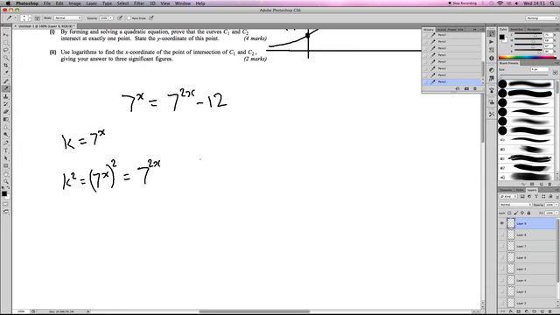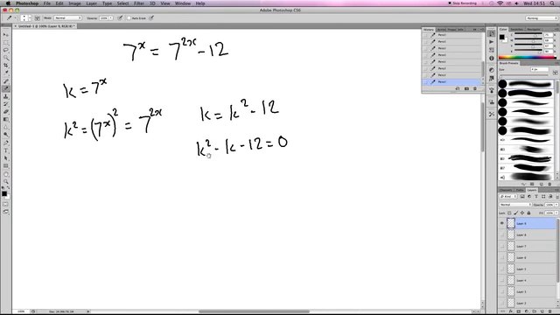So now I can make my substitutions. k is equal to k squared minus 12. Rearrange it: k squared minus k minus 12 is equal to 0. I now have to solve this quadratic equation. Let's try factorizing it. Yeah, I've got it, maybe.